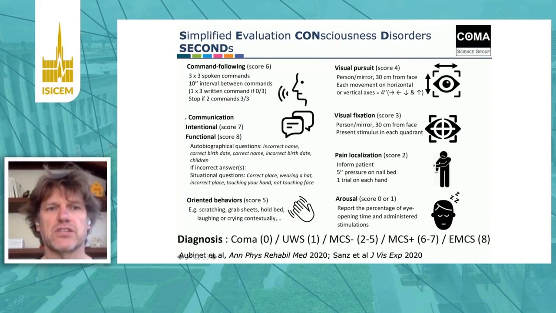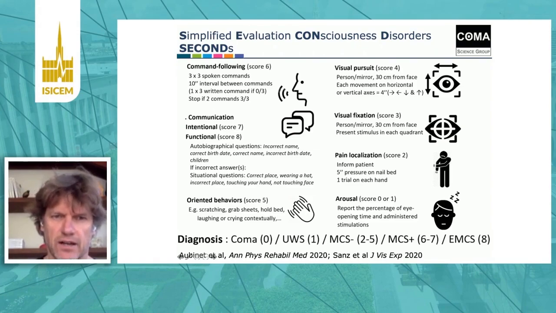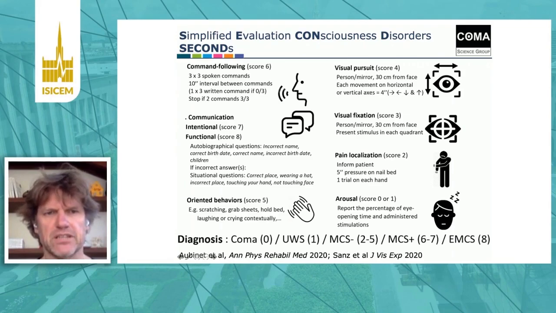Functional communication gives the patients the right for autonomy. Terribly important when discussing treatment options and end of life decisions. So again, it's made very explicit. Questions about where you are, permitting you to assess whether this is just intentional or truly functional.